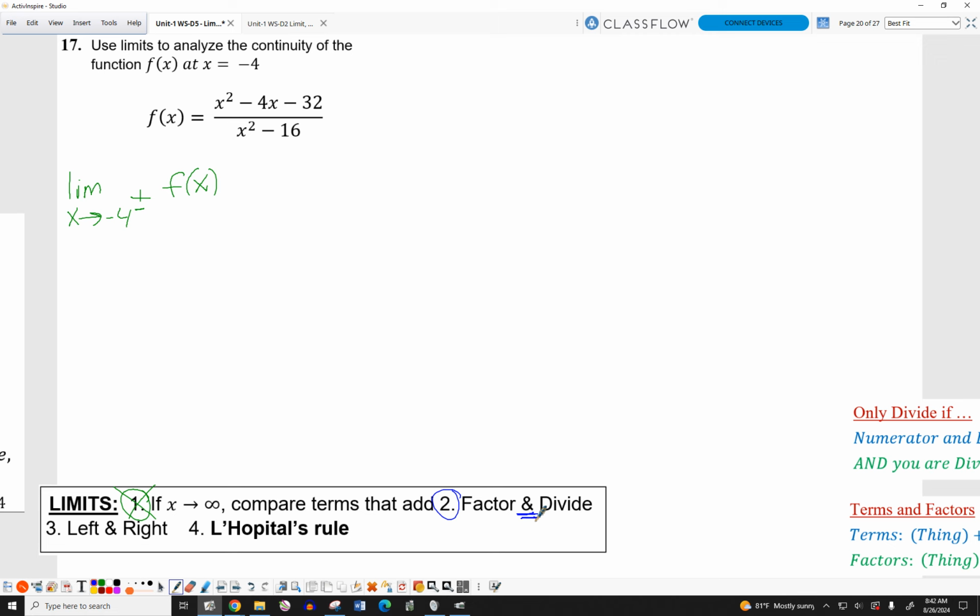So looking at this, I kind of think, hey, those look like pretty simple quadratics. So let's go ahead and factor them. And we're doing the left and right limits simultaneously here. So we're going to factor. So you got an x, another x. 32, 8, and 4 looks good.